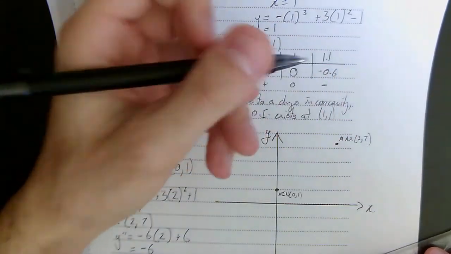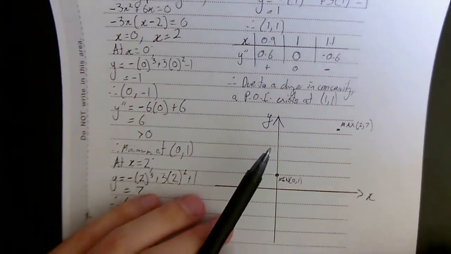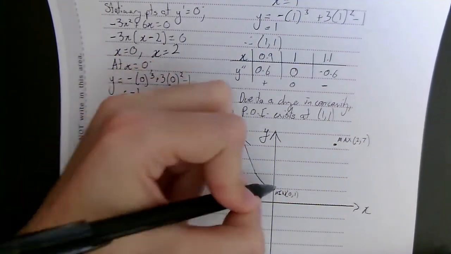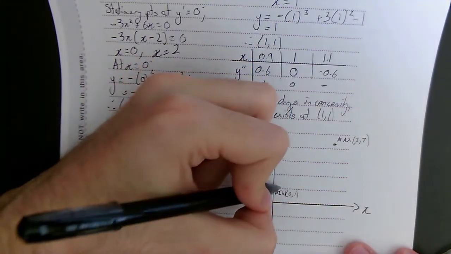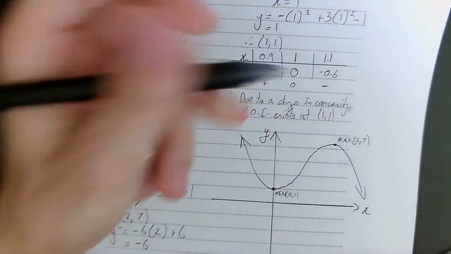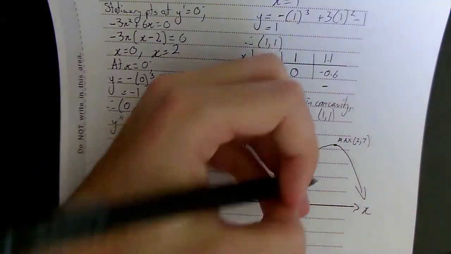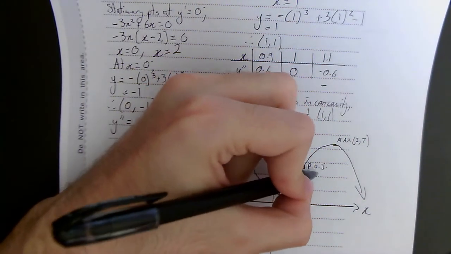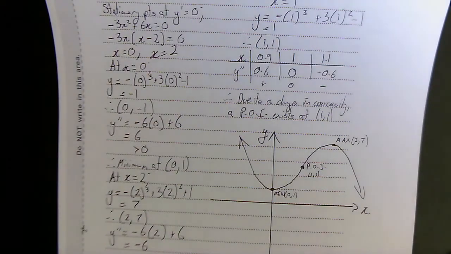And I've got a point of inflection at (1, 1), which I'm going to draw in a little bit later. So logically, you can probably infer that the graph is going to look something like that. Then I label the point of inflection at (1, 1). And there we have it, that's our graph.